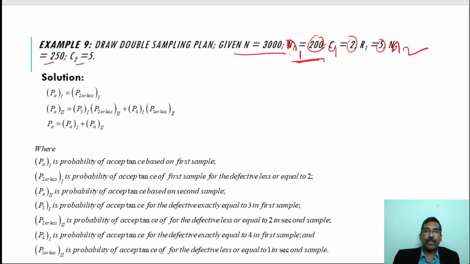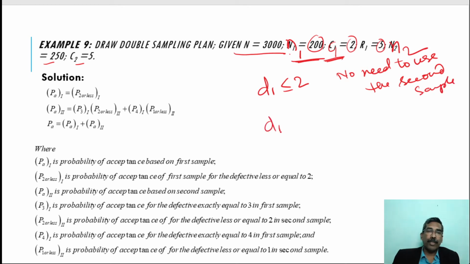That means if the number of defective in the first sample D1 is less than or equal to 2, no need to use the second sample. This is accept the lot. But if D1 is equal to 3 or 4, then we have to draw the second sample. If D1 is greater than or equal to 5, no need to draw the second sample and reject the lot.